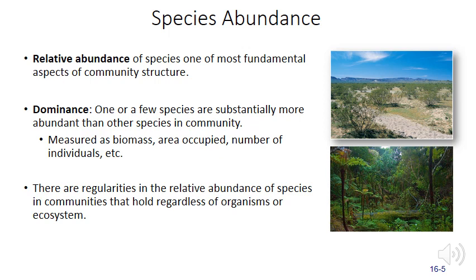In other cases, if we're studying grazing ungulates, we would probably look at the number of individuals. So it all depends on what works best for your organism of study. What's been found over the years of studying relative abundance of species in communities is that there tend to be regularities in the relative abundance of species in communities that remain true regardless of what kind of organisms we're studying. And we'll talk about this in a bit more detail over the next few slides.